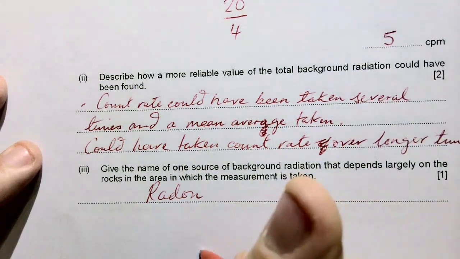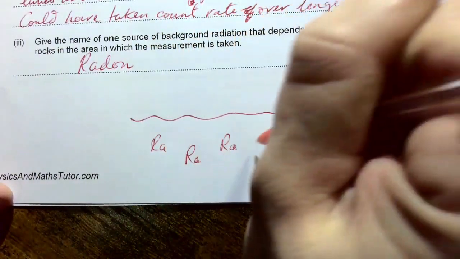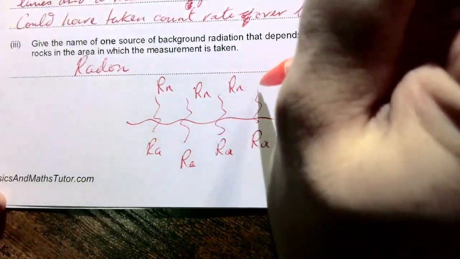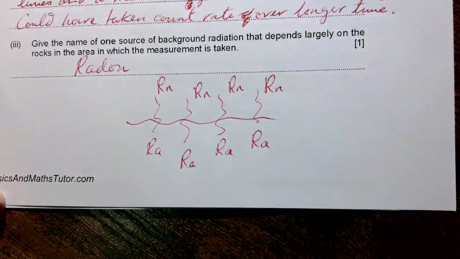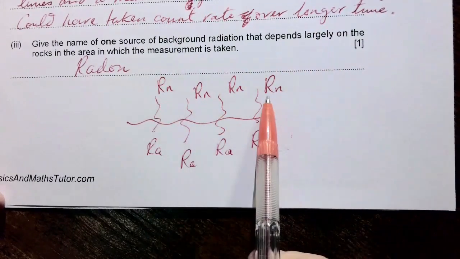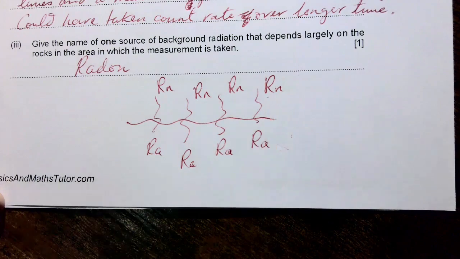So if you've got a lot of radium in those rocks, then when radium decays, it decays into a gas, and that gas is radon gas, which is still radioactive. So radium is radioactive, and the products of that decay, radon, are a gas, and they're also radioactive.